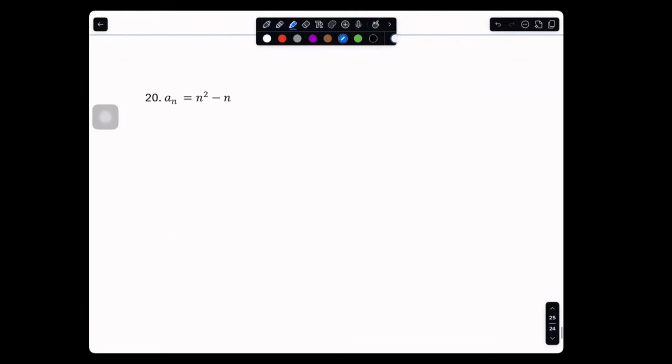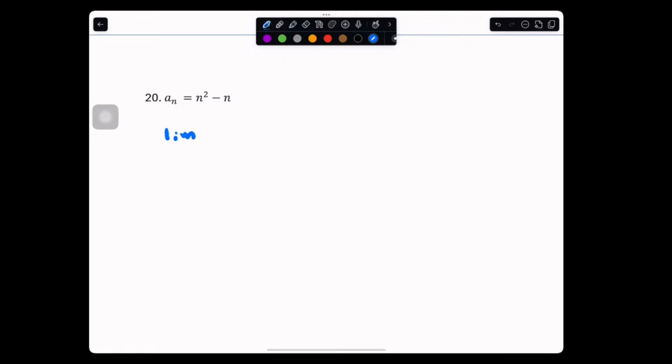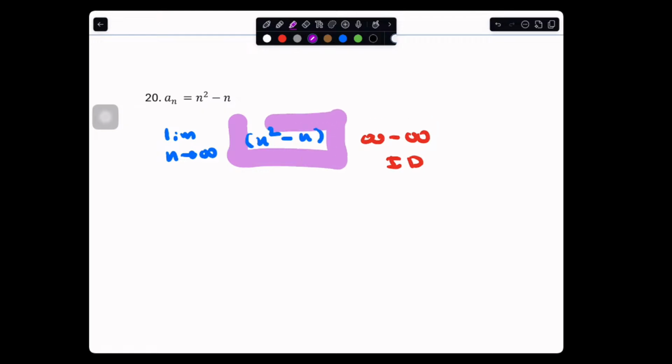And then finally, n squared minus n for number 20. We look at the limit now as n goes to infinity. N squared minus n is an indeterminate difference. So we're going to get to use here algebra, Calculus 1.